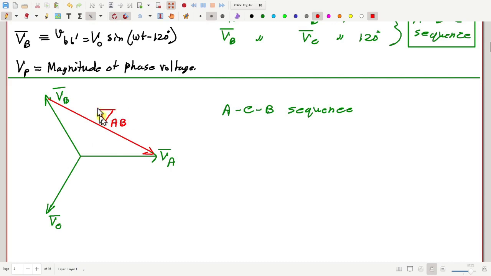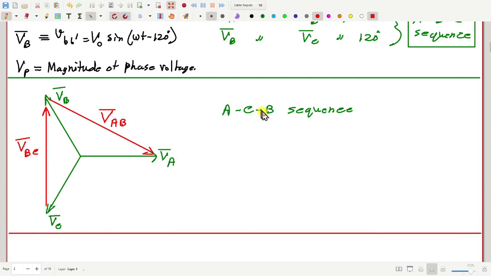This is again root 3 times the voltage VA or VB. Similarly, this voltage, what does it represent? VBC or VCB? BC, according to our convention. So we can have two types of phase sequences.